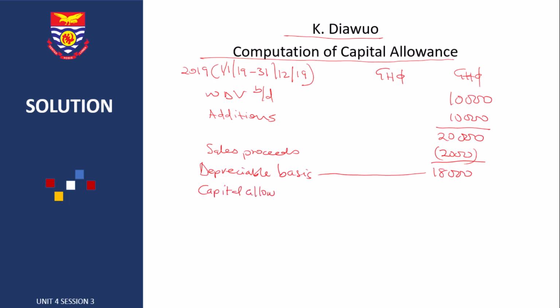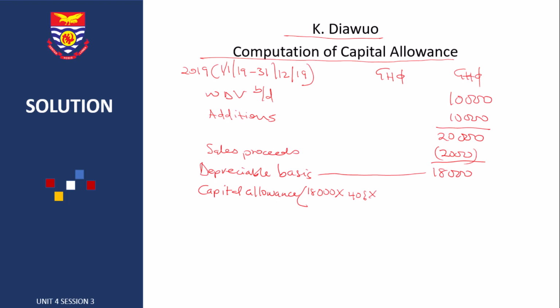Now we are going to compute capital allowance. And we said the formula is A times B times C over 365. So here we are going to get 18,000 multiplying the B, which is the rate, and you know computer is a class 1 asset, so we have 40%, and we're told that he prepares accounts to 31st December.